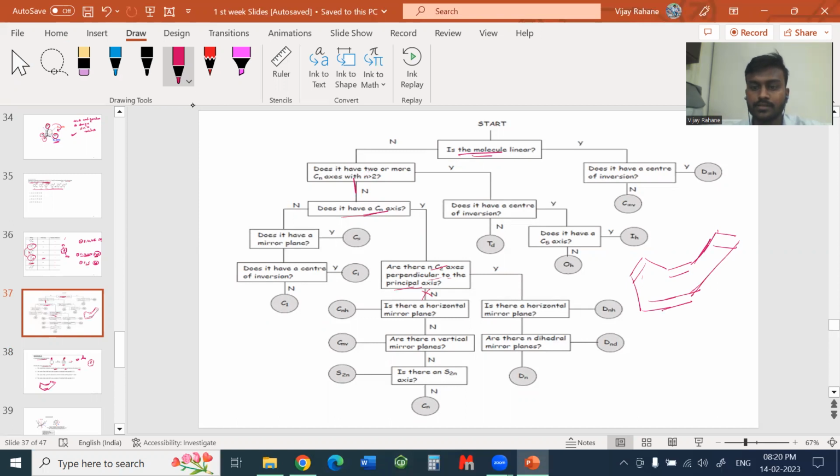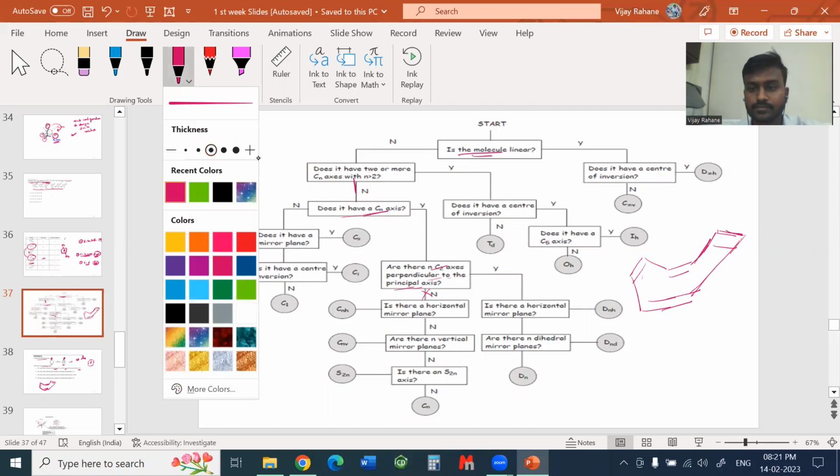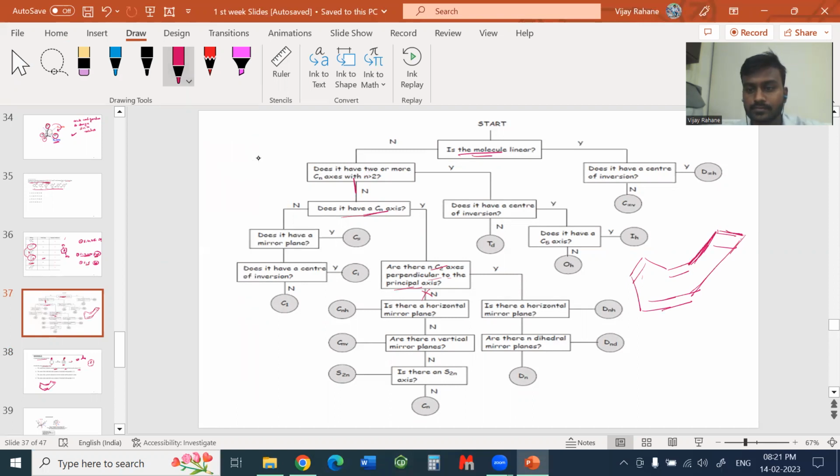Like this, this molecule will be in this way, since it's a tub-shaped molecule.